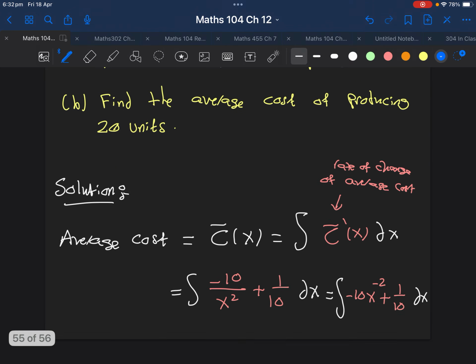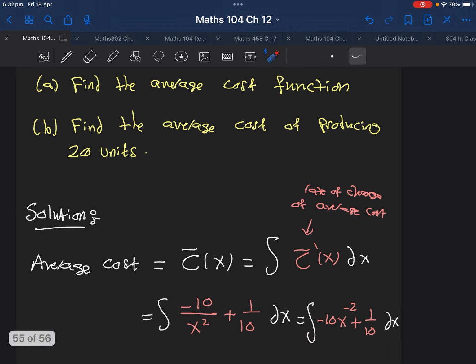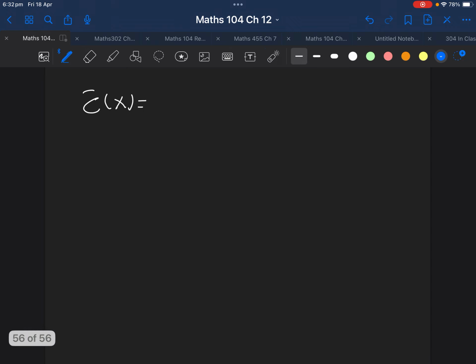Since we have x to the negative 2, we'll just add 1 and divide by this number. So it would be just negative 10 x to the negative 1 divided by negative 1. Plus, of course, if I have just a number, we just add x to it, plus, of course, the constant, which usually we call d.